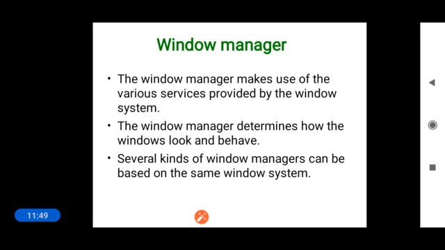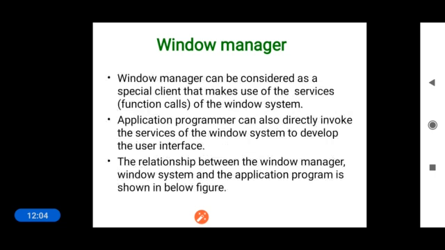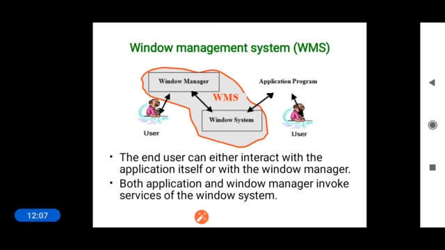Window manager makes use of various services provided by the window system and determines how the windows look and behave. Several kinds of window managers can be based on the same window system. For example, let us see here. So this is a window system.